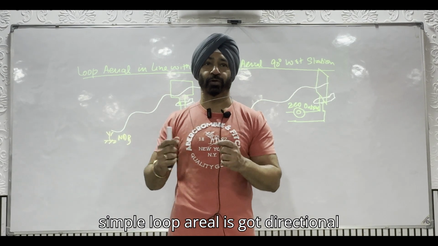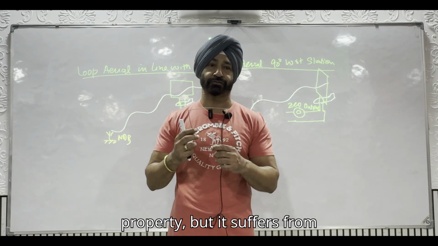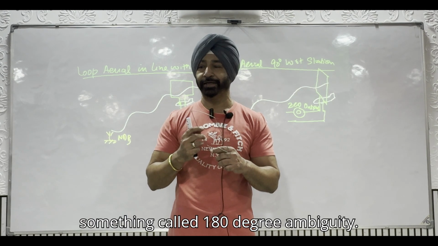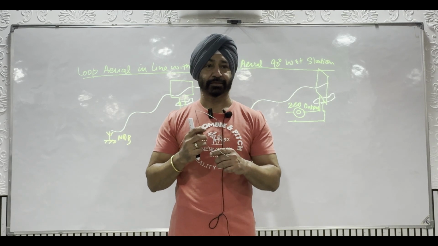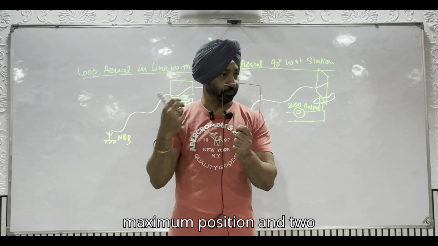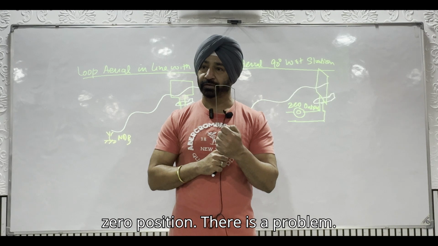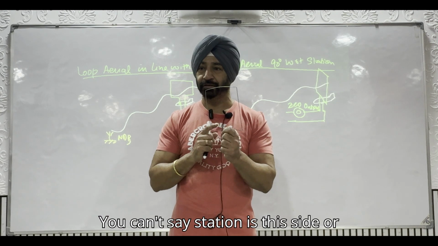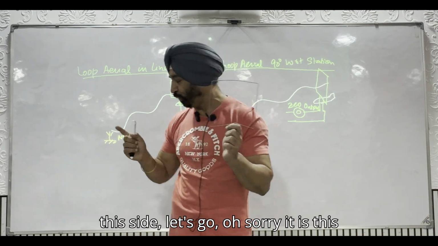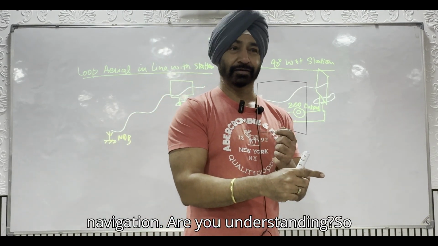So this simple loop aerial has got directional property, but it suffers from something called 180 degree ambiguity. It means there is a confusion. There are two maximum positions and two 0 positions. There is a problem. You can't say the station is this side or this side. You can't use it for navigation.